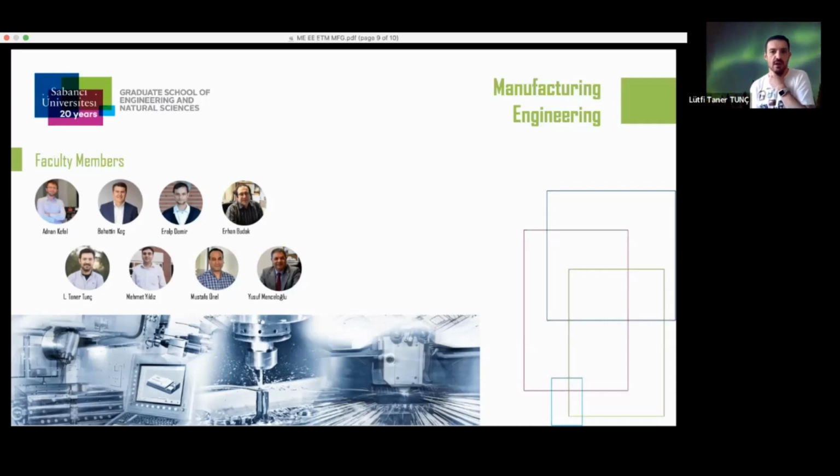Bahattin Koç, he is also acting as the director of the Composite Technologies Center of Excellence, the Sabancı University Integrated Manufacturing Research and Application Center. His research areas involve mostly bioprinting, additive manufacturing, and 3D printing of multifunctional structures. We have Erat Demir.